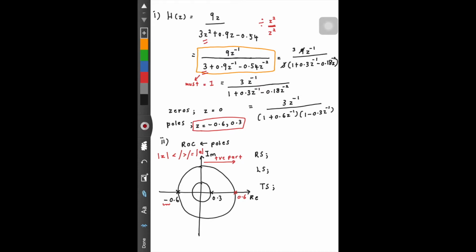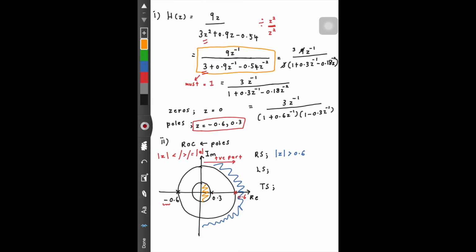So for your right-sided, go back to the theory. Right-sided is outside the outermost pole. So 0.6 is your outermost pole, so modulus Z is greater than 0.6.